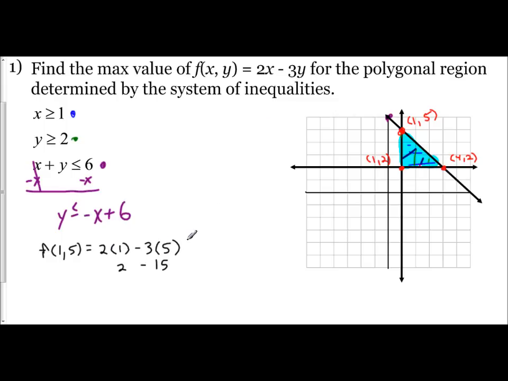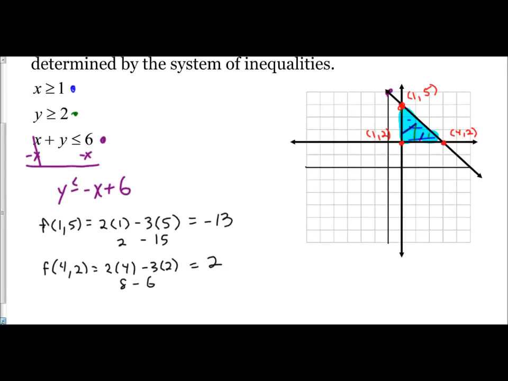You have 2 minus 15, which gives you negative 13. Then I'm going to do it again using the coordinate (4, 2). The function value at (4, 2) is twice your x, which is 4, minus 3 times your y, which is 2. Twice 4 is 8, 3 times 2 is 6, so 8 minus 6 is 2.